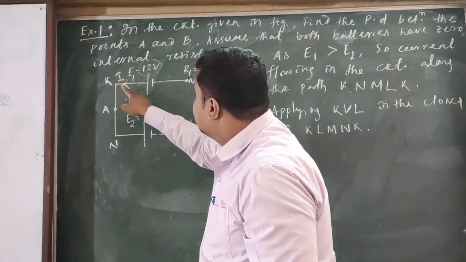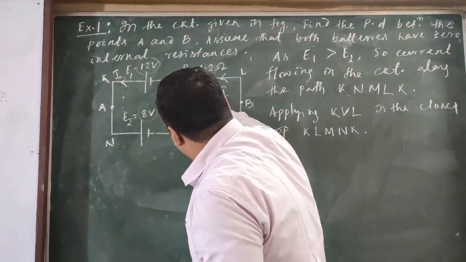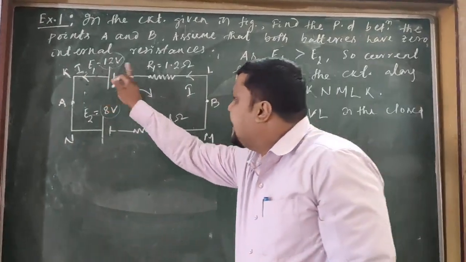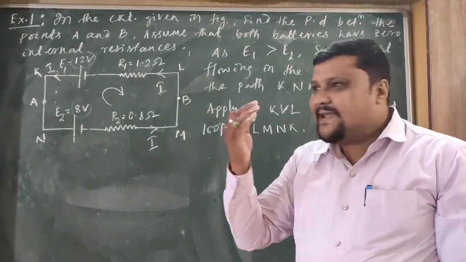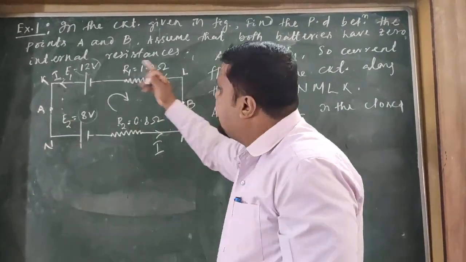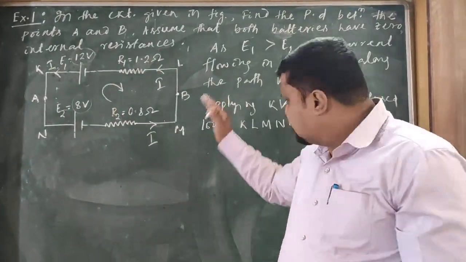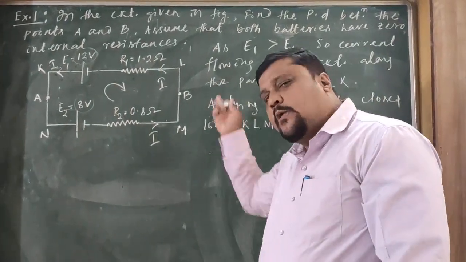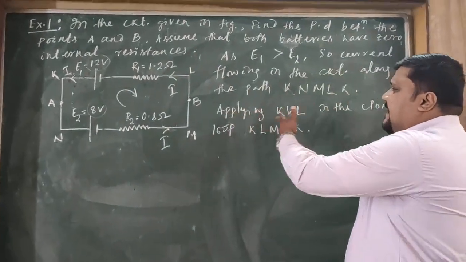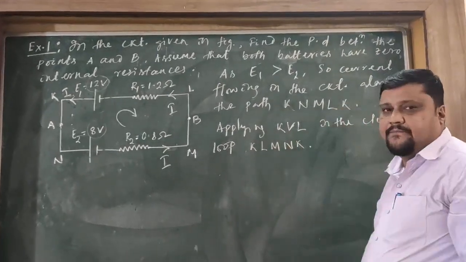Means my path is K to L, M, N, K. To understand this one, I put an arrow mark like this. I have chosen my path along this. You can take your path K, N, M, L, K also. The result will be the same. You can do that in your homework. After getting the solution, you can do it and you will get the same result. So for my convenience I apply KVL in the loop K, L, M, N, K.